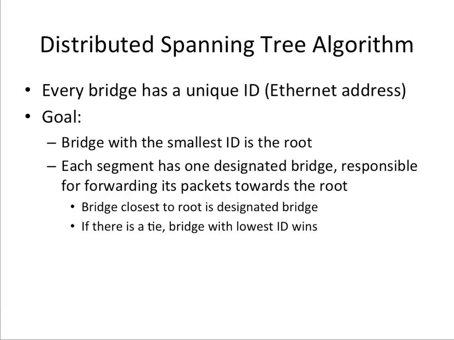But when we have a network, we can't necessarily assume that, because these bridges are deployed in different buildings, the links go up and down, and for various reasons we've decided to build this network in a distributed fashion without a centralized controller.